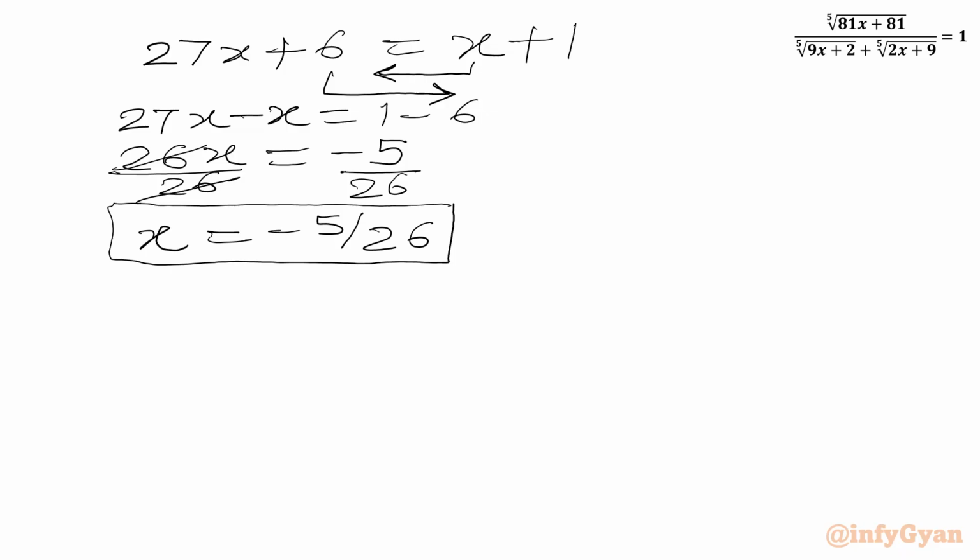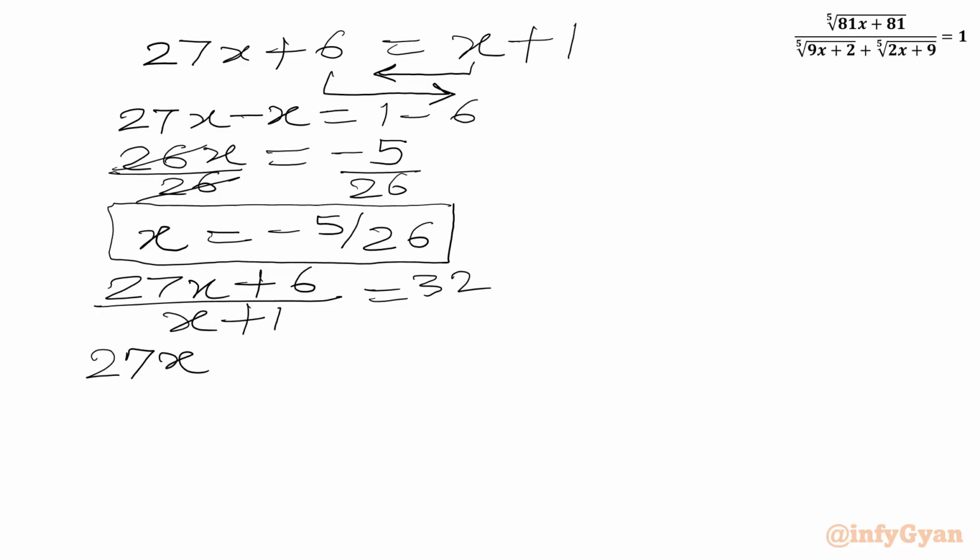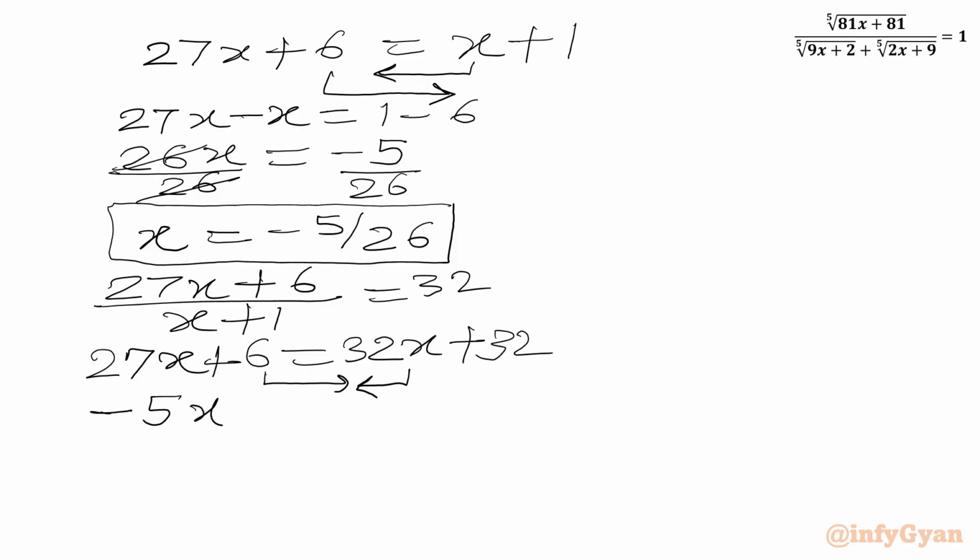Now we will consider our second equation, 27x plus 6 over x plus 1 equal to 32. Cross multiply, we will get 27x plus 6 equal to 32x plus 32. Now we will take 6 to the RHS, 32x to the LHS. So 27 minus 32 will give us minus 5x on the LHS, and the RHS would be 32 minus 6, 26.